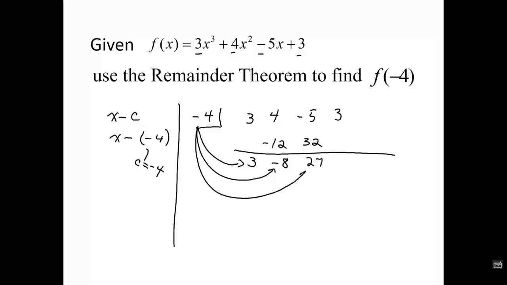A negative 4 times 27 is a negative 108. A negative 108 plus 3 is a negative 105. So therefore, as a result of the remainder theorem, we can conclude that f of negative 4 is equal to the remainder, which is a negative 105.